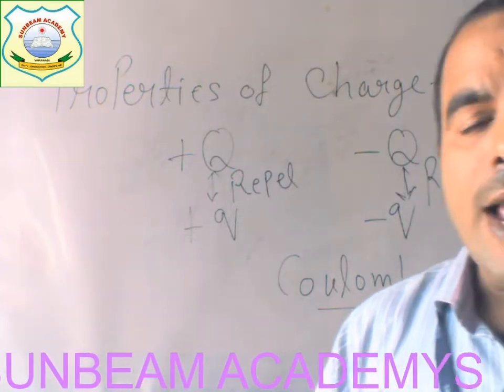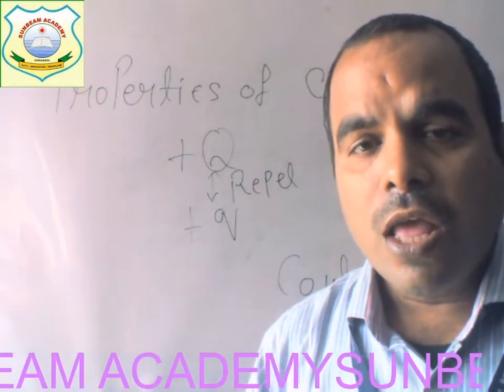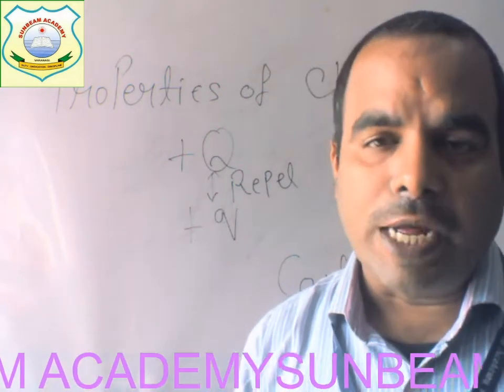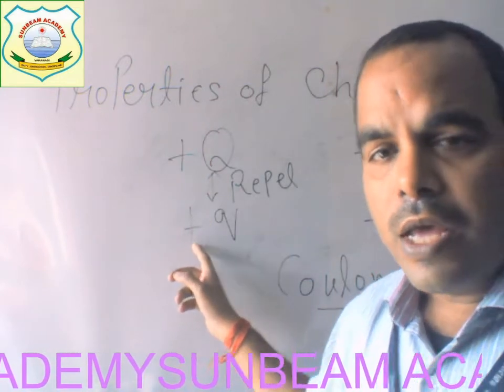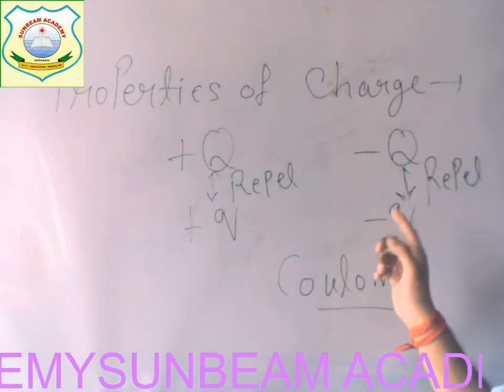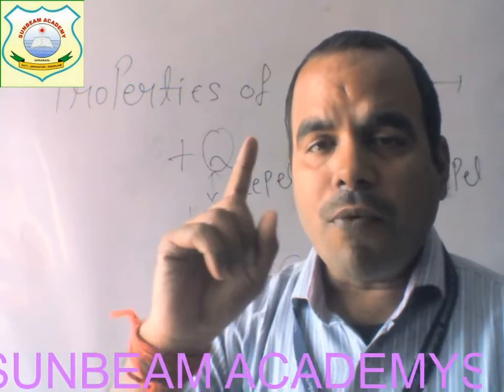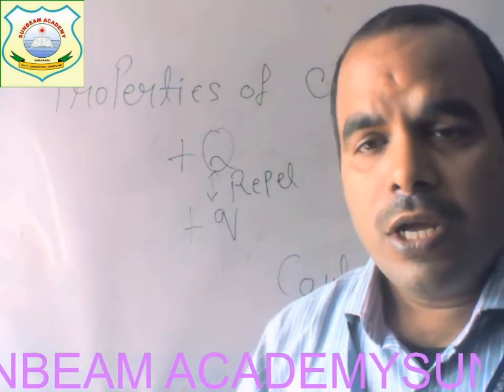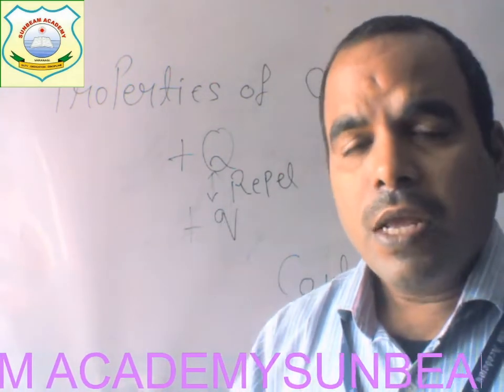Try to understand the reason for the repulsion. Because they have the same charges. It's positive, it's also positive. It's negative, it's also negative. But don't forget the first point: same charges repel each other.